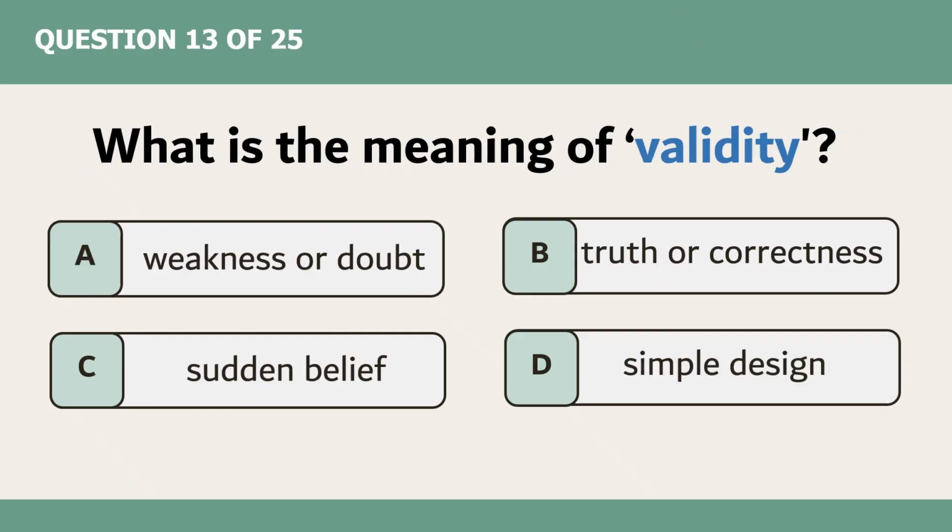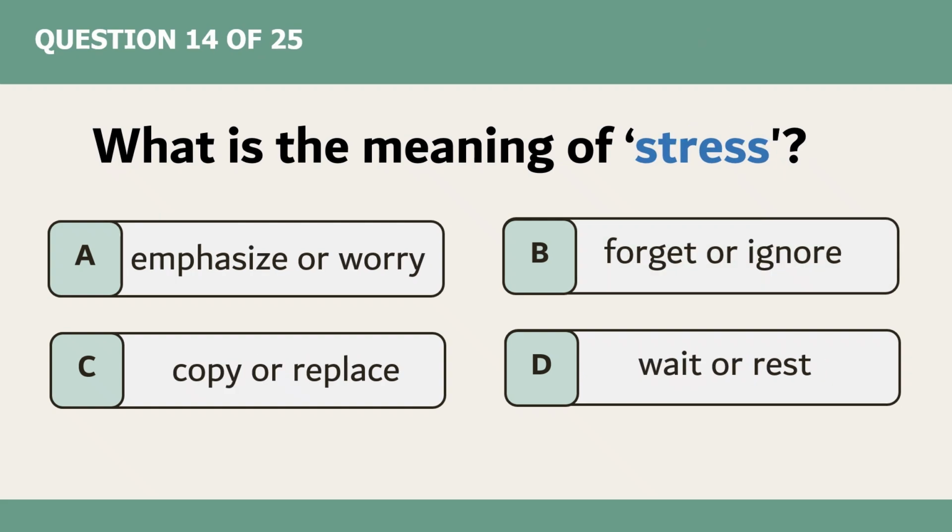Question 13. What is the meaning of validity? The correct option is B. Truth or correctness. Question 14. What is the meaning of stress?